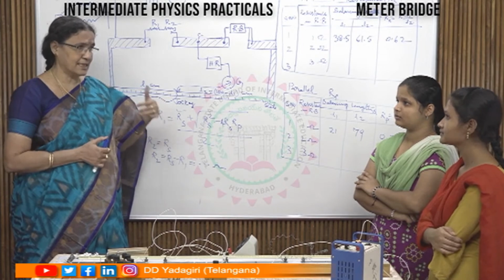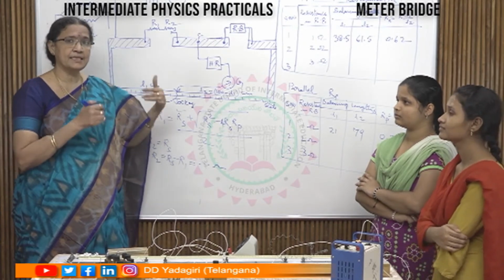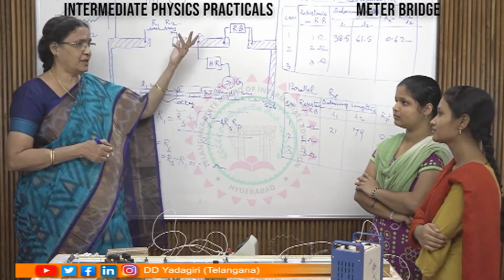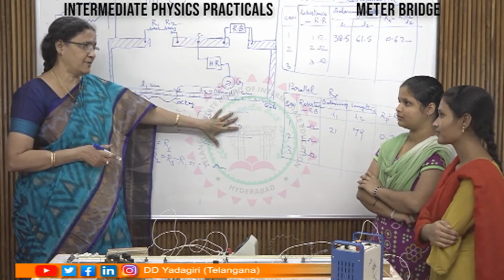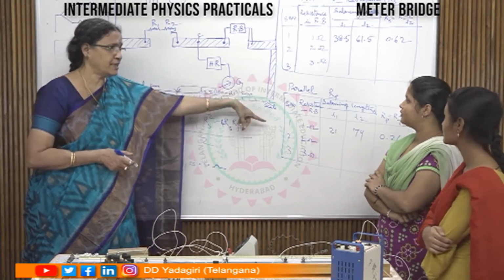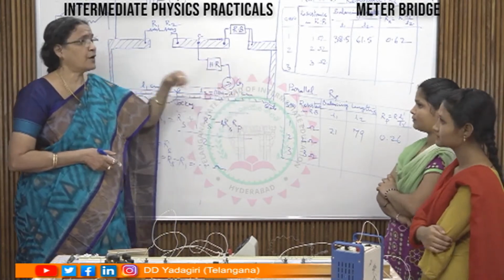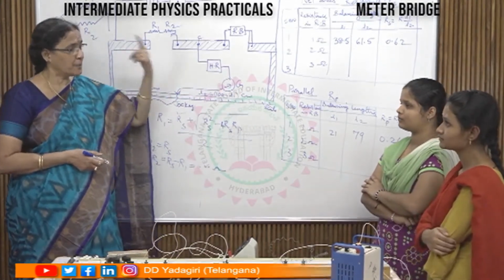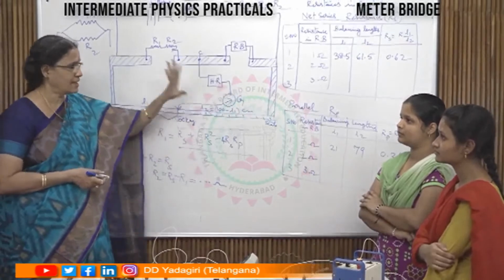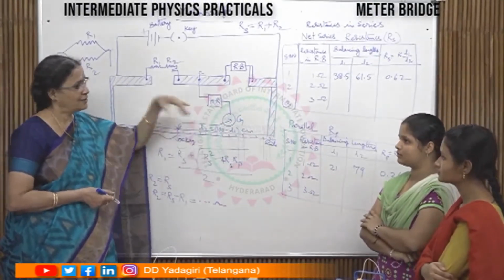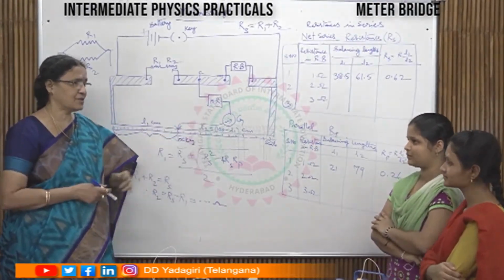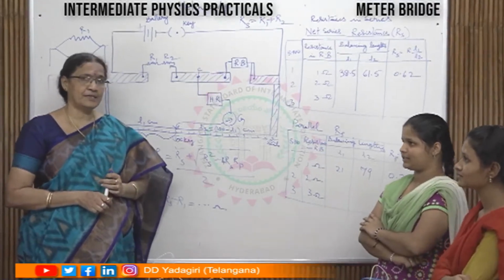If you are asked this part, you need not do the first part. Only this part will be enough, by drawing these 2 tabular forms. Or if you are asked to find the specific resistance of the given wire, this part is not required. You do the first part. So read the question thoroughly and then do it. Thank you.